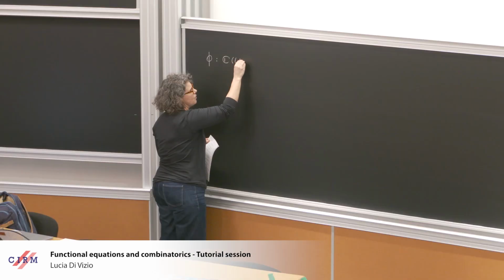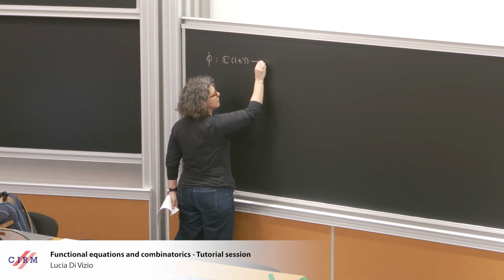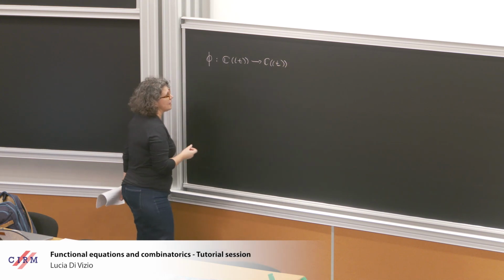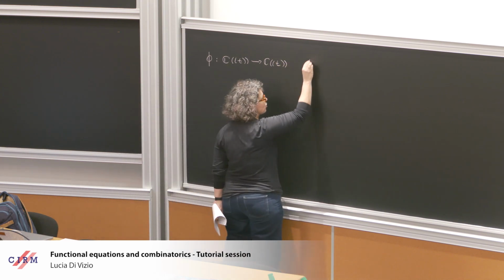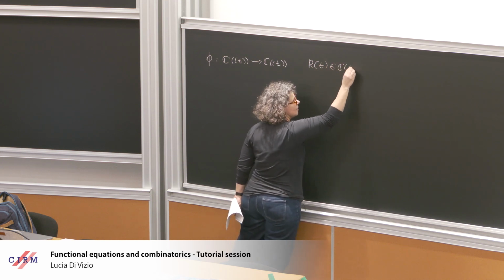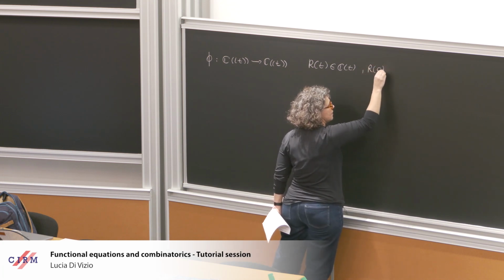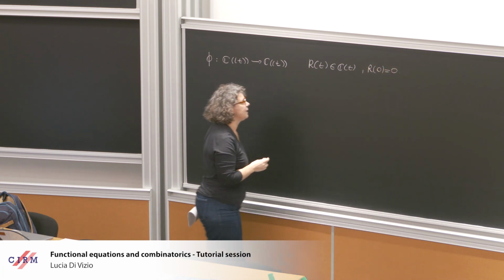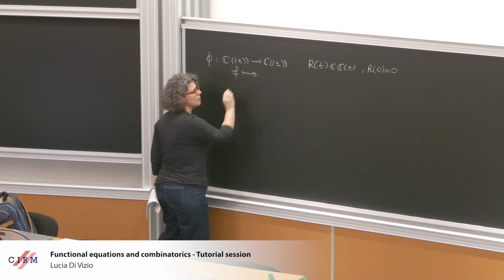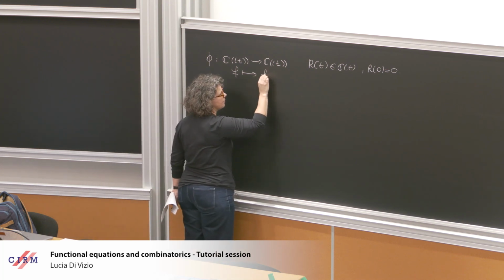So if you start with the Laurent series, and you take a rational function r such that r of 0 is equal to 0, then it makes sense to compose the Laurent series with the rational function r.